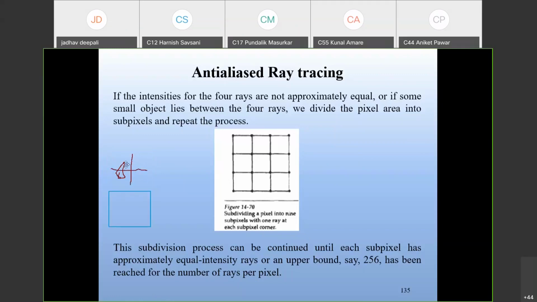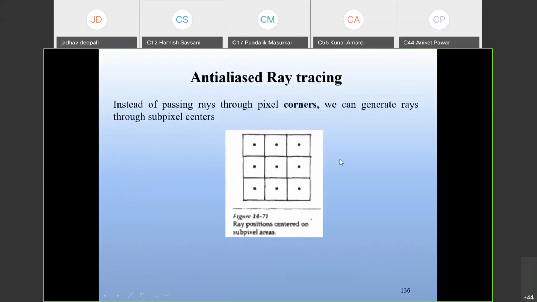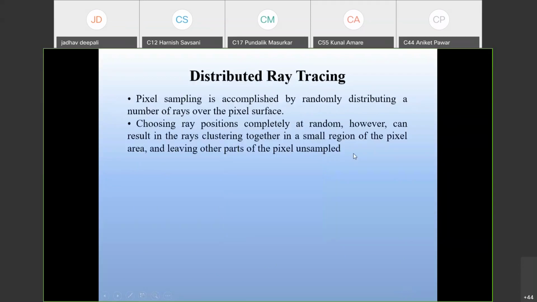If not, again we divide it into four parts in this way, as shown here. The pixel is divided into subpixels so that the particular object lies within one subpixel. So instead of passing rays through the pixel corners, we can generate the rays through the subpixel centers. That is anti-aliasing ray tracing.